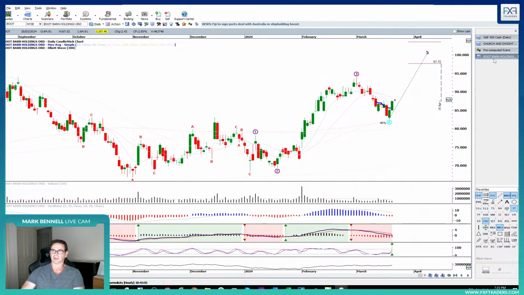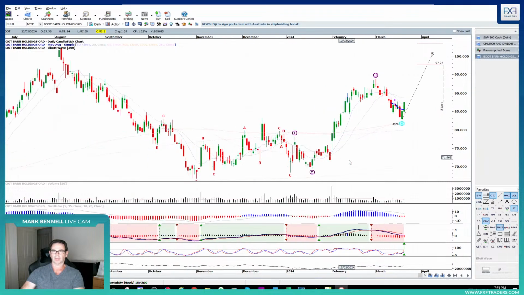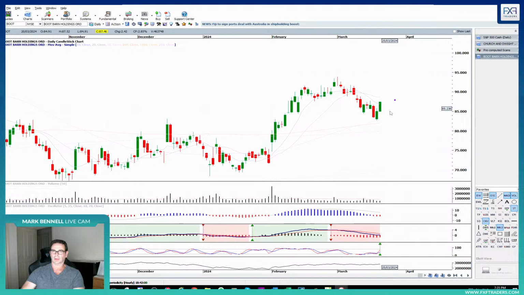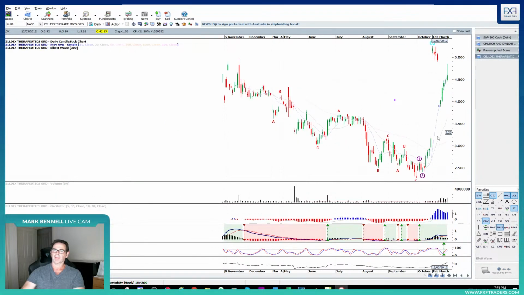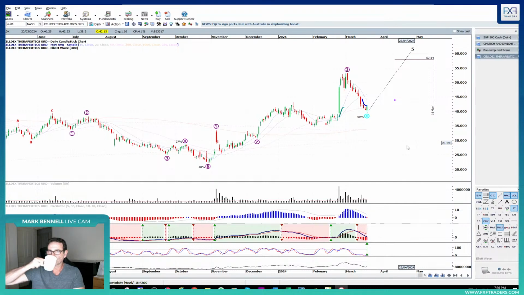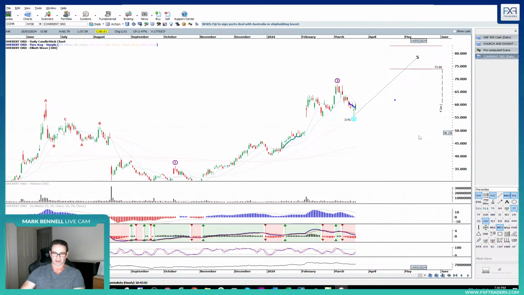Okay, here's another good one. Back to the 50. This is Boot Barn. Boot, B-O-O-T. Yep, not too bad. There's the anchor there. Look for a swing in there. Sell decks too deep. Okay, Coherent, COHR.